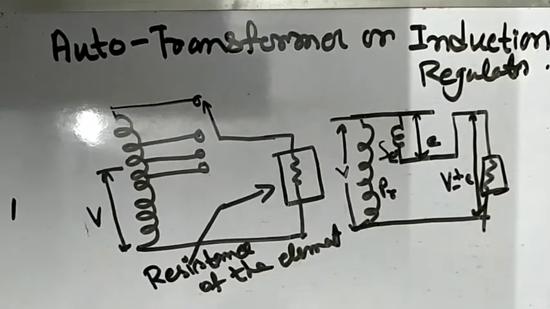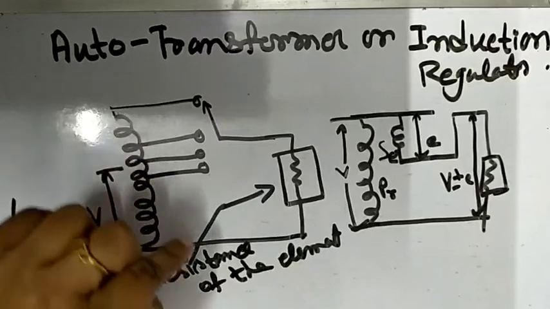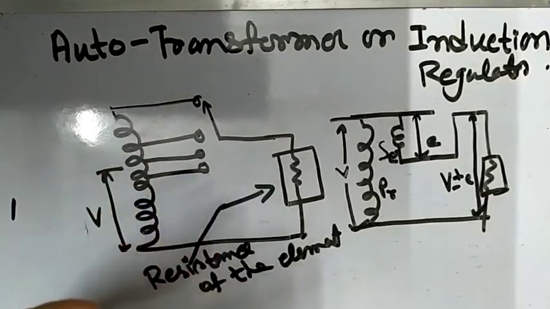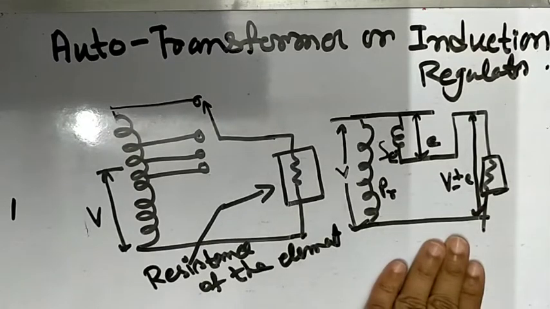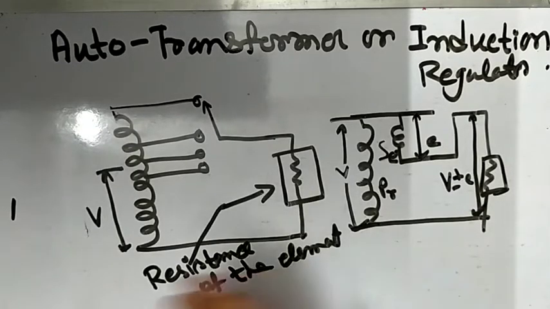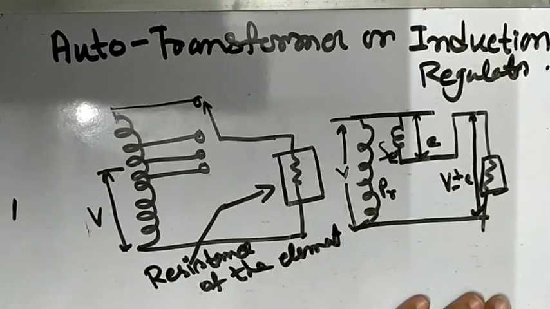By providing different taps on the autotransformer or by varying the position of the rotor of an induction regulator, we get variable voltage supply for the furnace.